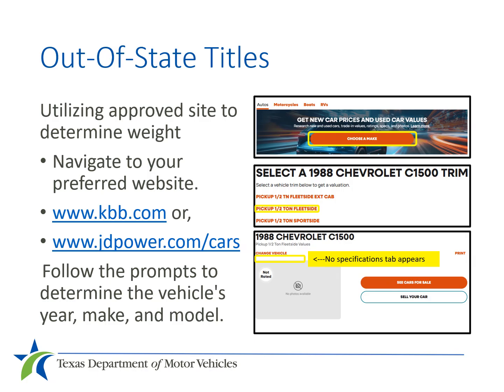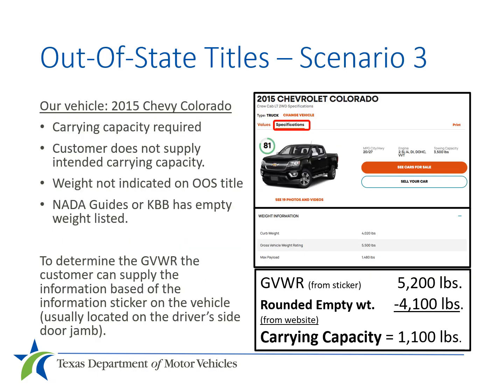You can attempt the second website on RTB 010-16, but in this scenario, there is also no additional information there either. Because an empty weight cannot be determined, a vehicle weight certificate will need to be provided in this scenario to proceed. In the next slide, I'm going to show you an example of a truck that does have the information available. So in our new example, we have a 2015 Chevy Colorado.